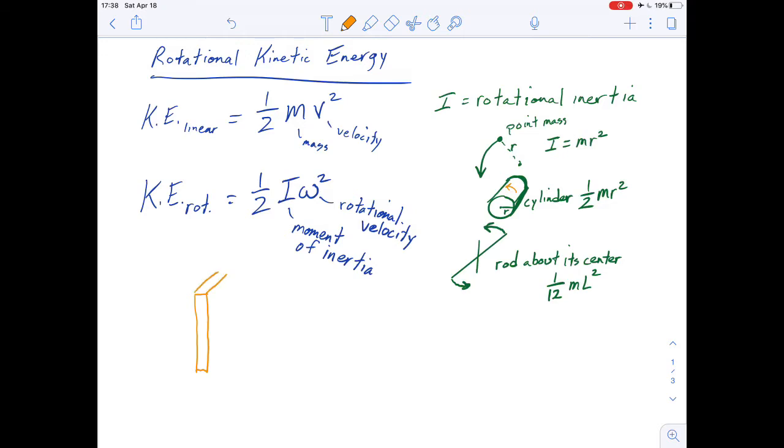Now, for a domino, it's a slab, and it has its own formula, which is as follows.